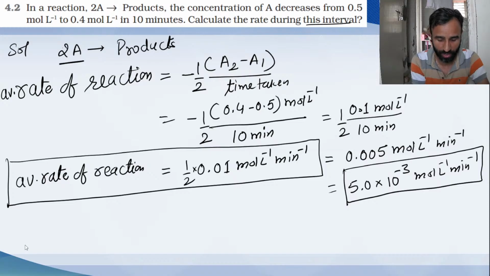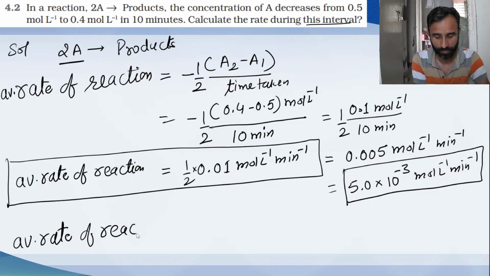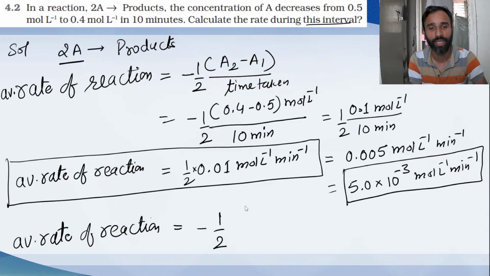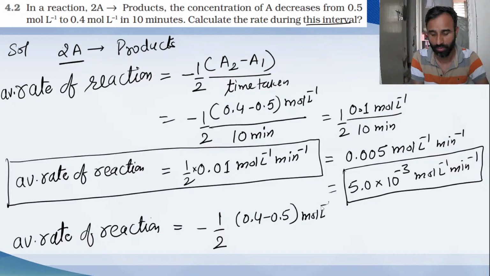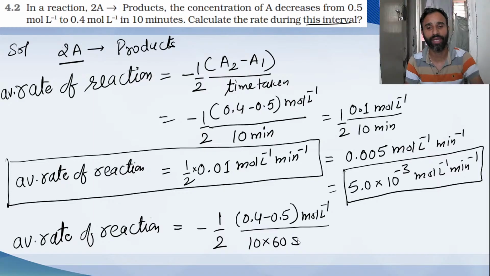So to calculate the same rate in seconds, again same relation, half of 0.4 minus 0.5 mole per liter divided by 10 into 60 seconds.